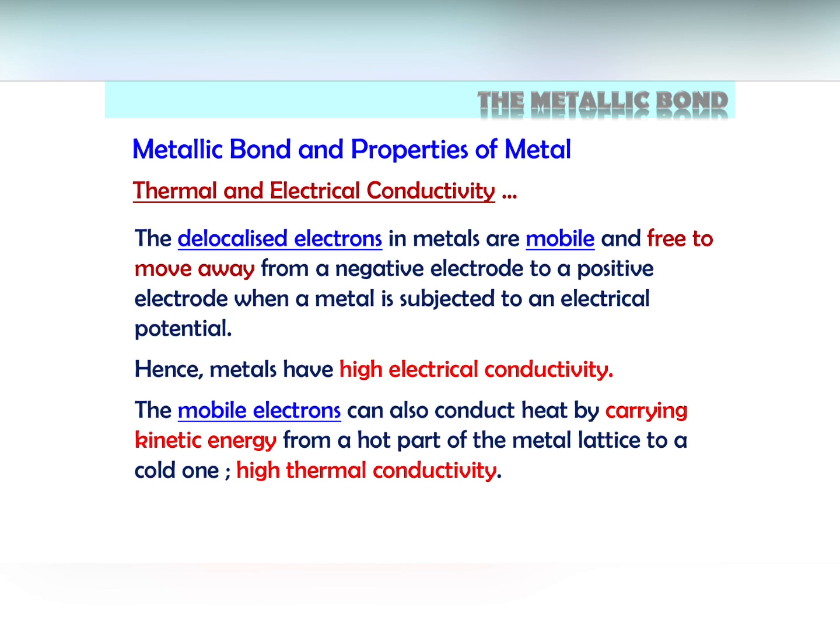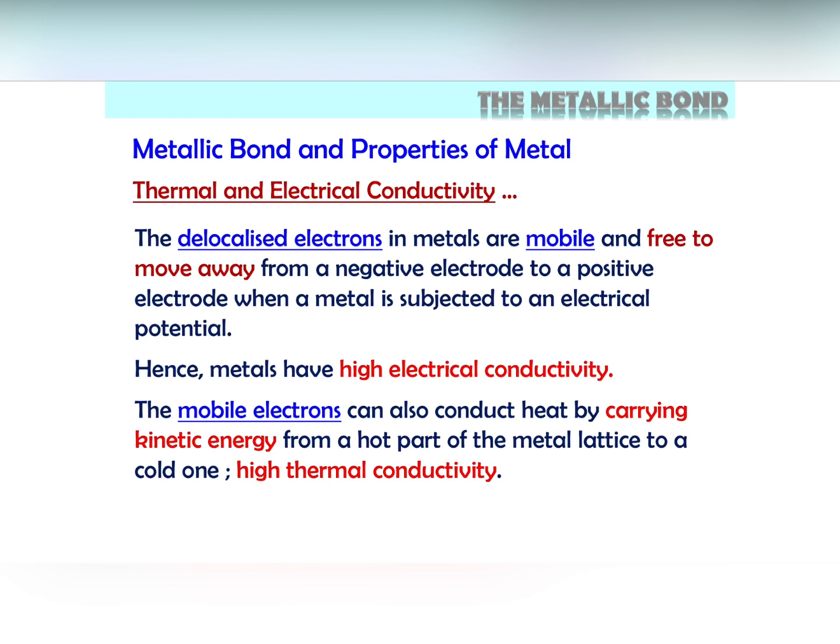Okay. So, as we said just now, metal has high electrical conductivity because of these mobile electrons. So it can also conduct heat, these mobile electrons can conduct heat by carrying kinetic energy from a hot part of the metal lattice to a cold one.